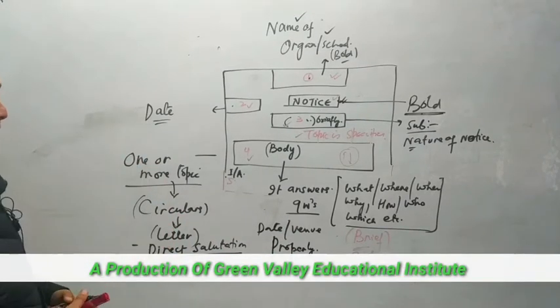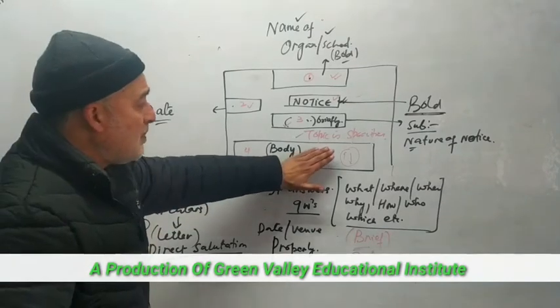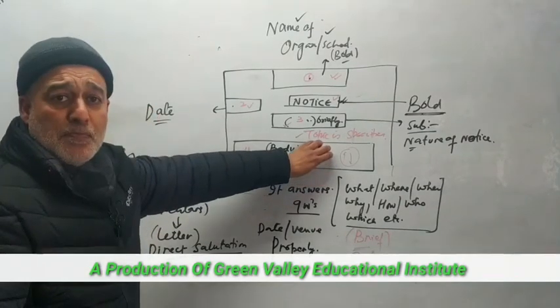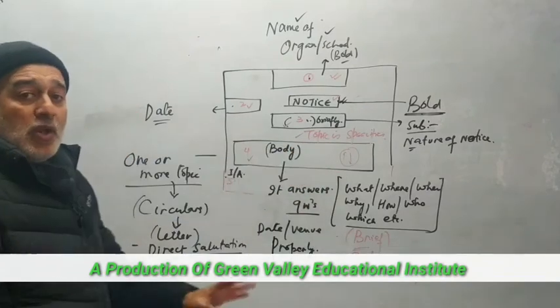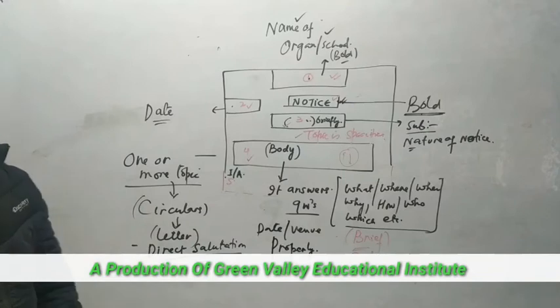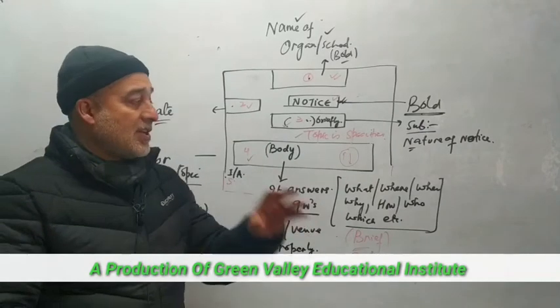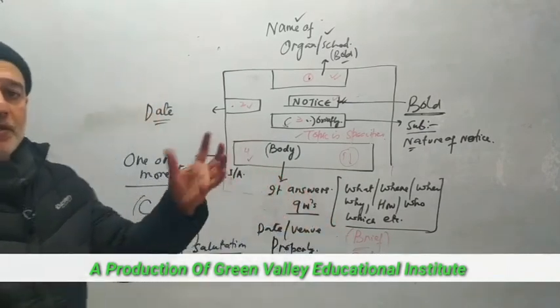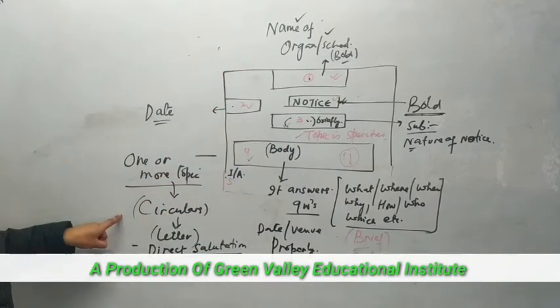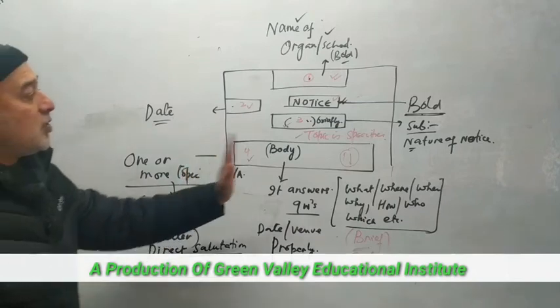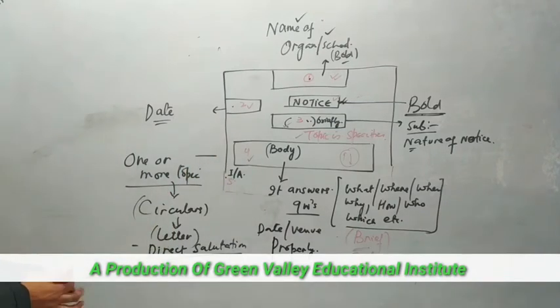So if you have short, brief information to be given to the public, remember, you need to write notes. And if you have different topics regarding one subject and the sub-themes of the subject, please replace notes with a circular. So today we have seen not only notes but also circulars.